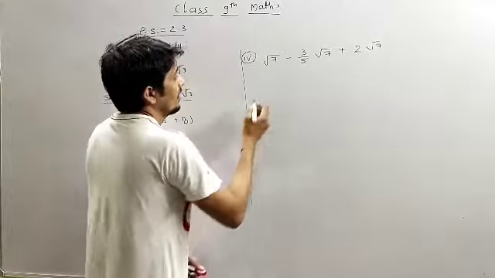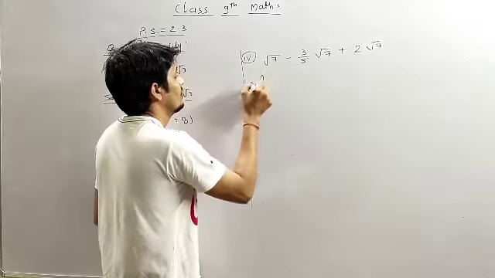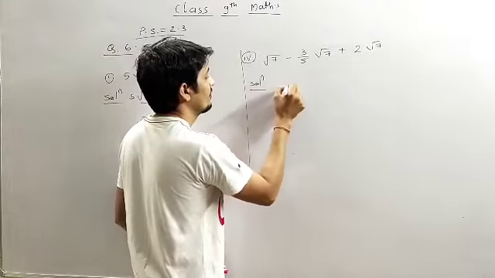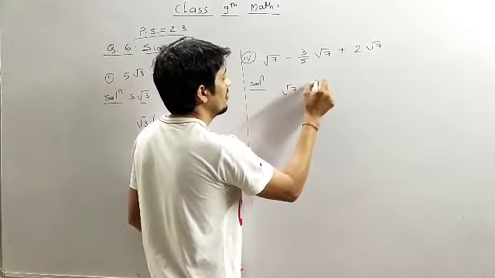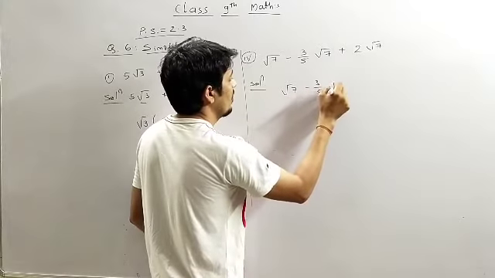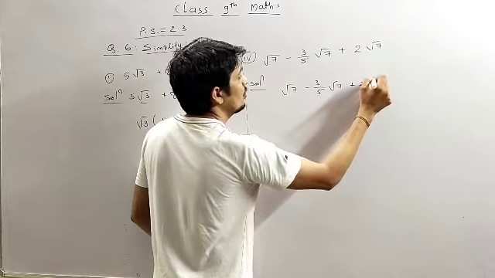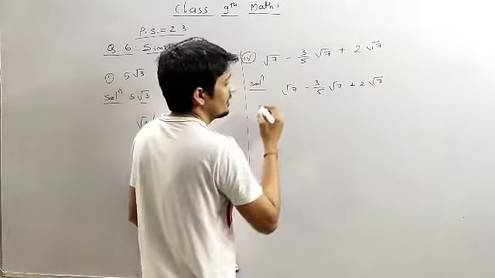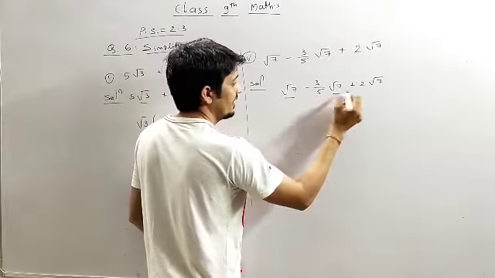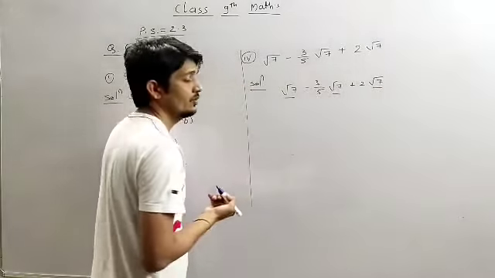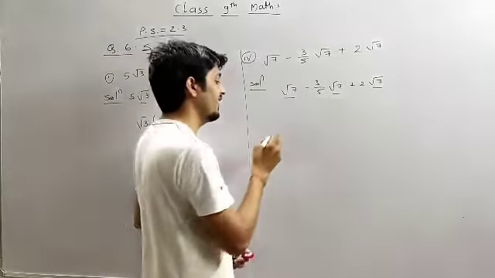Here in the solution we have root 7 minus 3 by 5 of root 7 plus 2 root 7. Here we have root 7, here again root 7 and here again root 7, so we can take root 7 as common.